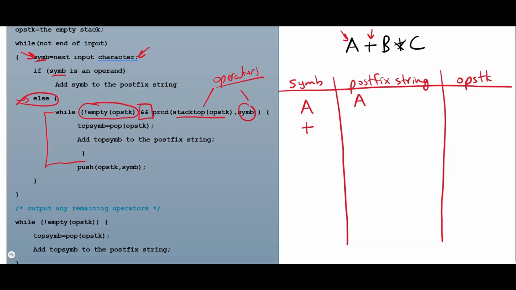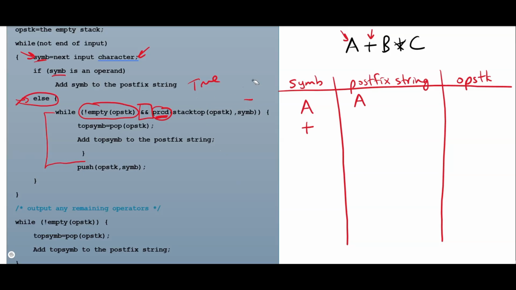Compare for what? If the priority of the last inserted element in the stack is higher than the priority of the symbol, this precedence function will return true. For example, if the last inserted element in the stack is multiplication and my symbol is addition or subtraction, this PRCD function will return true.